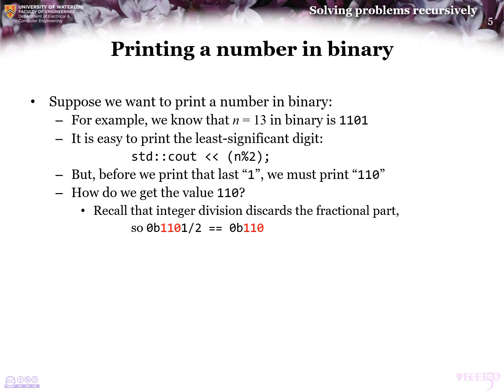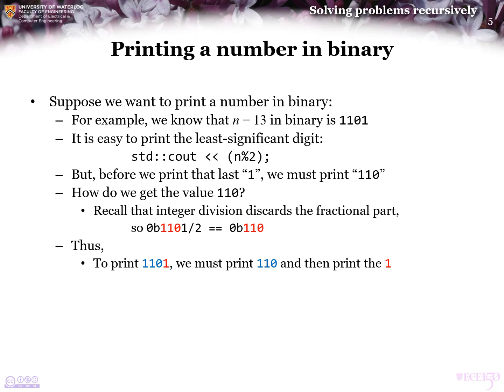And you will see that this is correct. 13 divided by 2 is 6.5, but 6.5 is not an integer, and therefore we discard the fractional component, which leaves 6, and therefore the result is 110, which is the binary representation of 6.